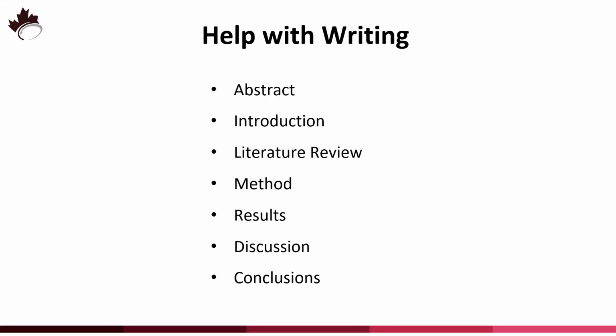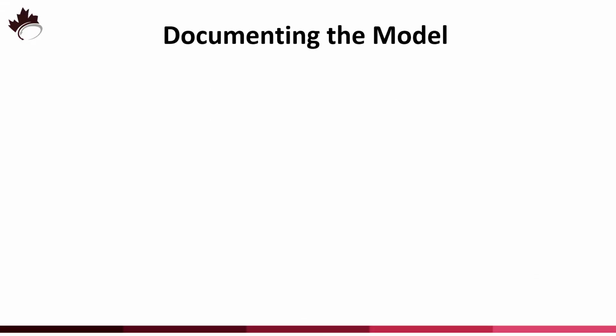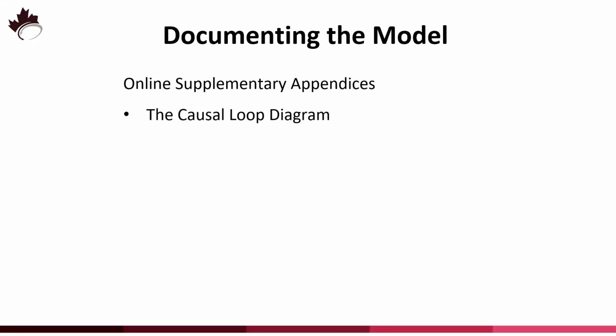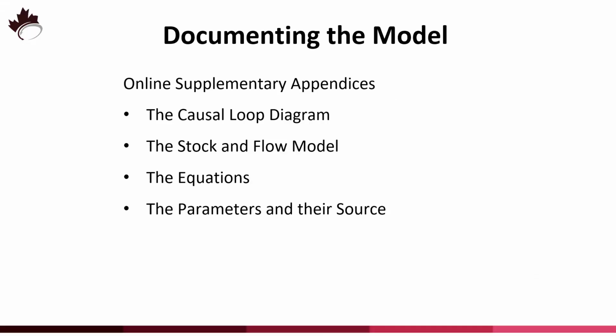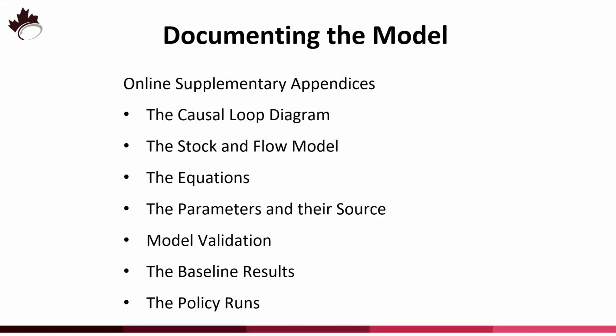This is a basic format for a journal article. And then I have references, obviously. And then I put in appendices. I put in supplementary appendices with a causal loop diagram, the stock and flow model, the equations, the parameters and their source, the validation, the baseline results, and the policy runs. So let's take a look at that.